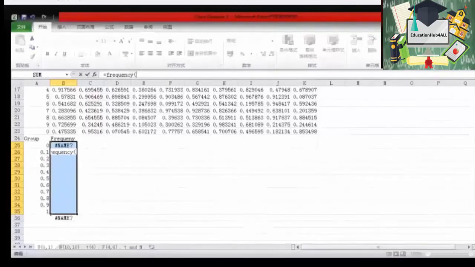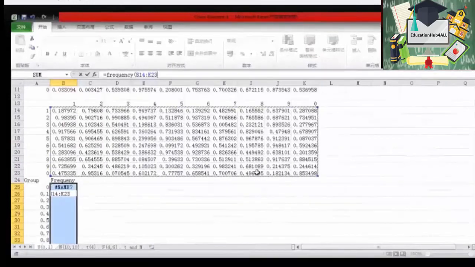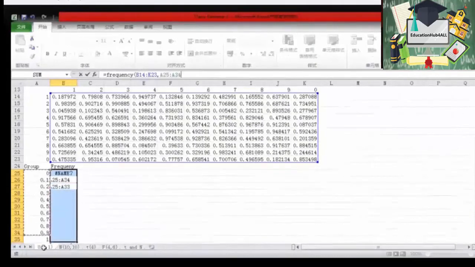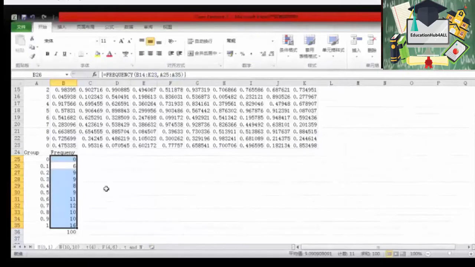Then we select the 100 data. Of course, you need to tell Excel how we do the grouping, so this is how we group our data, and then Control Shift Enter. So we will have the frequency.